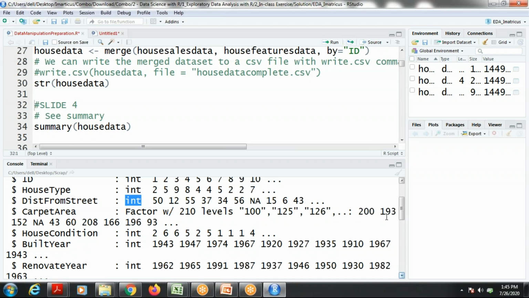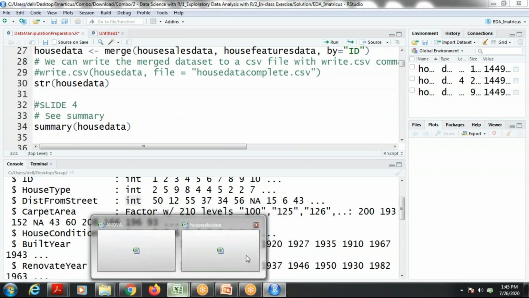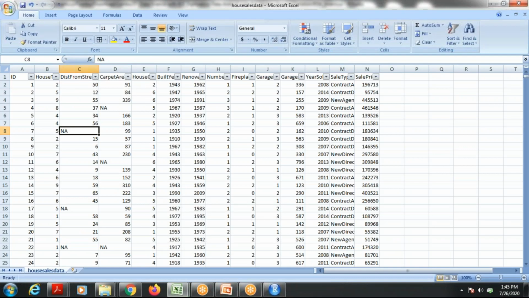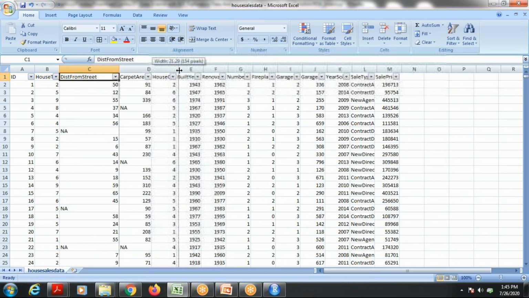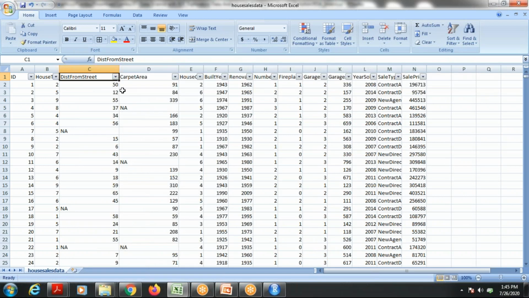I said that what I demonstrated in Excel here, there is one variable called distance from street, and there is another variable called carpet area. Carpet area has some numbers as well as some missing values. So this NA is an indicator of missing values.